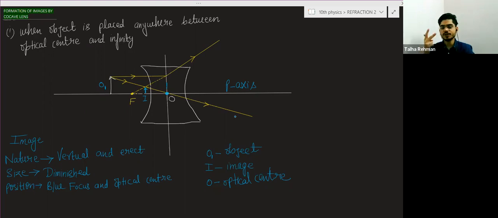So there are only two cases for concave lens. For the image formation of concave lens, we have only two cases.